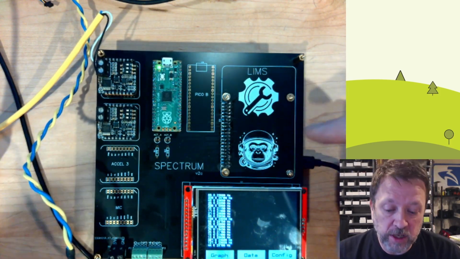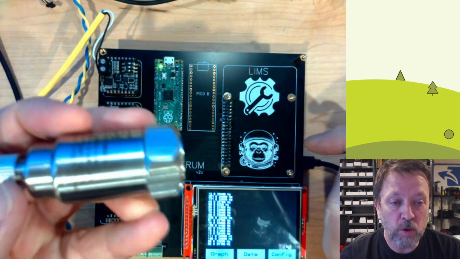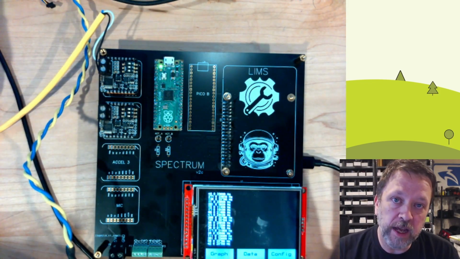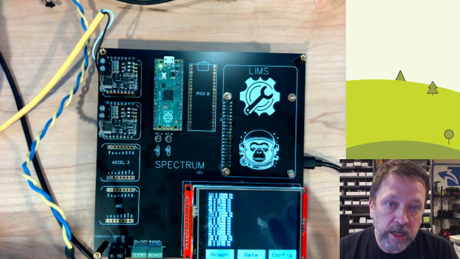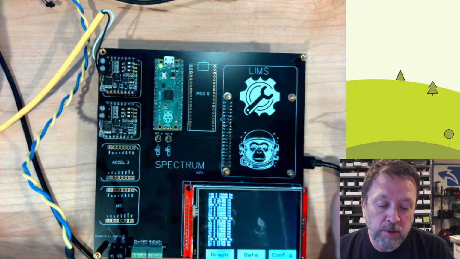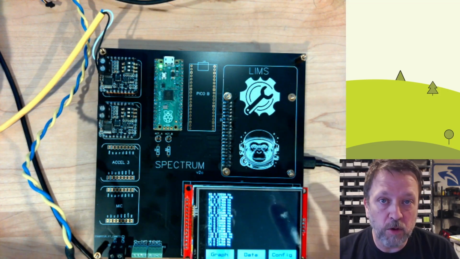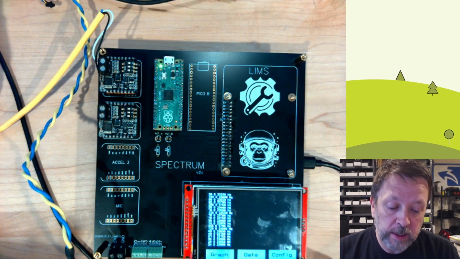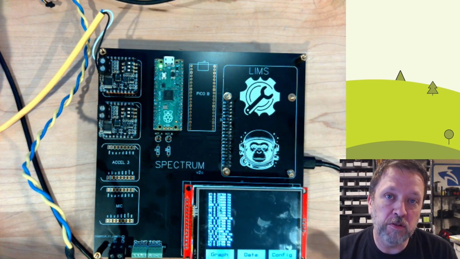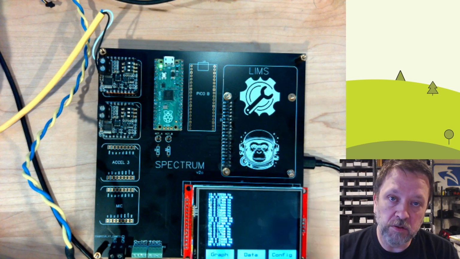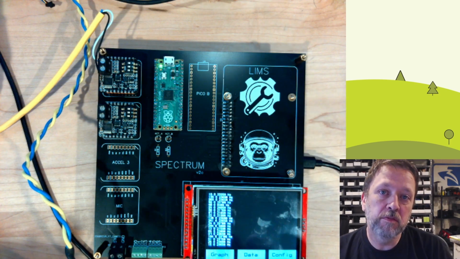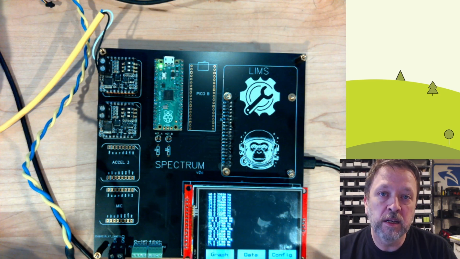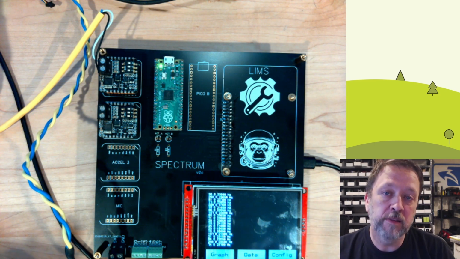The other challenge that I had was this does 4 to 20, and I need to be able to condition that signal from 4 to 20 into an input that is an analog for my microprocessor. Another challenge was I need to be able to filter that data. I want to get rid of spurious signals above 50 kilohertz. So I really need a 4 to 20 input that is filtered.